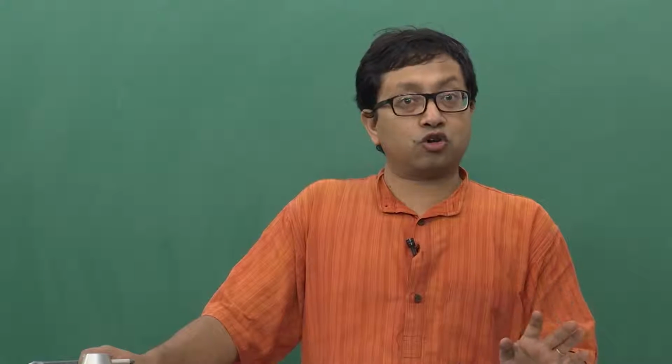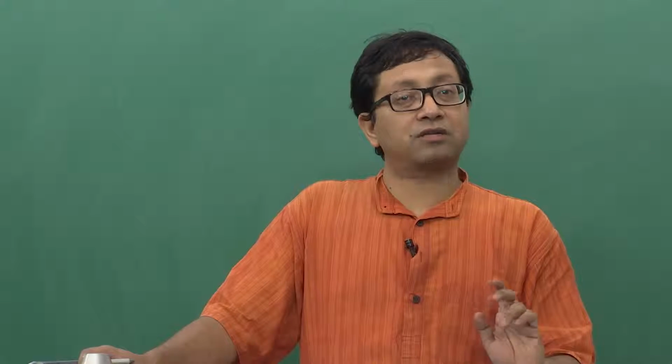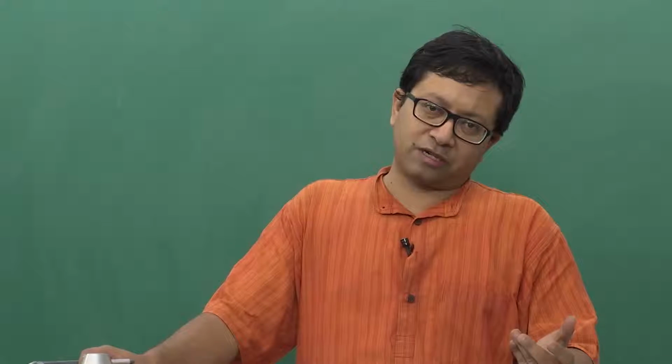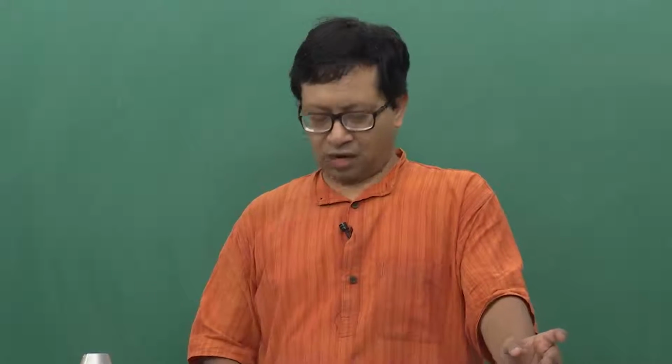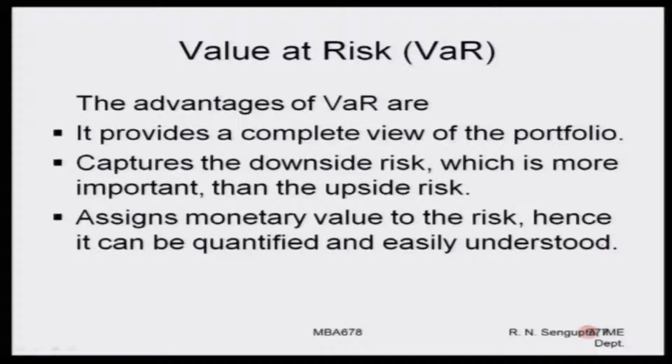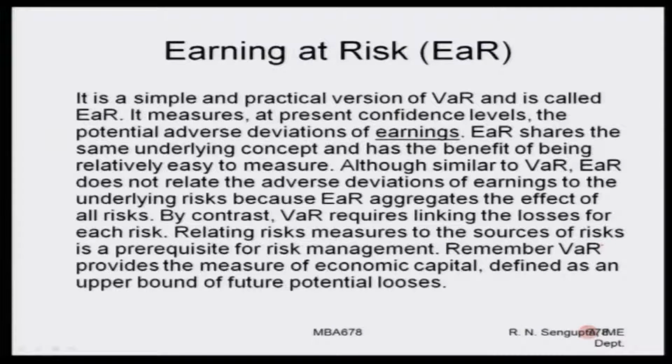If you are considering normality of distribution, which means we are considering utility functions to be quadratic, then all the statements which I have made are true. But if the distribution is non normal, then VaR is used as a measure, but it would not give you the actual picture. Another advantage is that it assigns a monetary value to the risk, hence it can be quantified and easily understood by people.